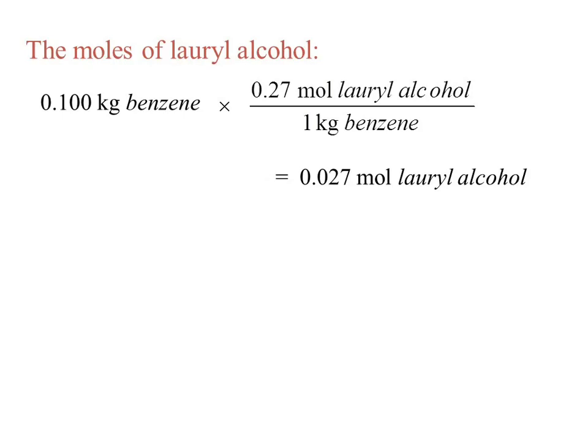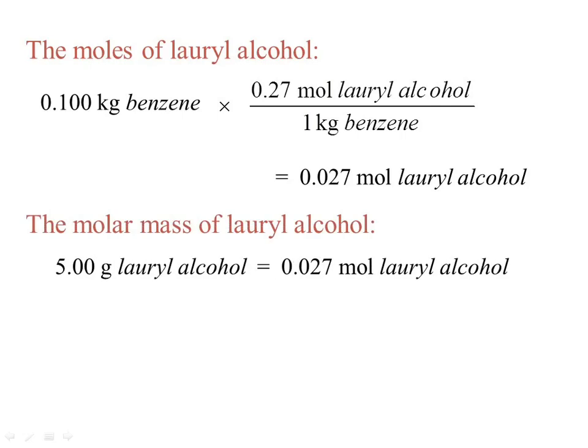So, here's how we can now get to finally the molar mass of lauryl alcohol. So we have moles per 5 grams. Those moles were in these 5 grams. These grams were equal to those moles. What is molar mass? It's grams per mole. And that's it. That's just it.